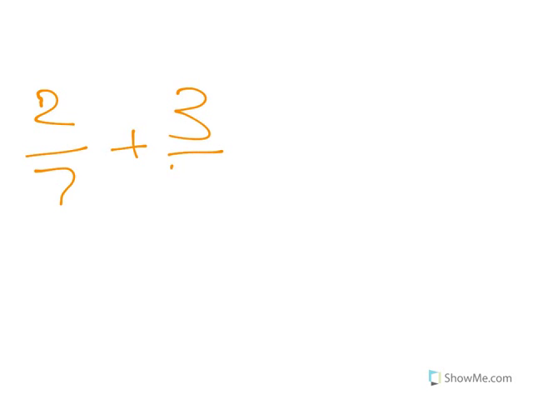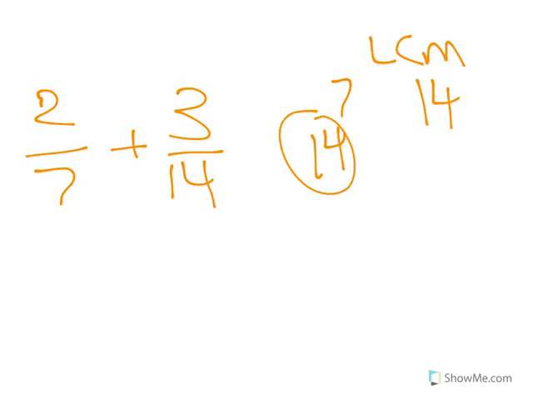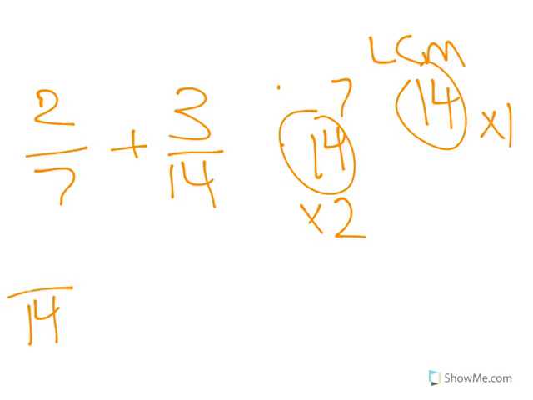So again, this whole idea is just to, once again, if you have 2 sevenths plus 3 14ths, to see what the LCM is going to be, least common multiple. And the least common multiple in this case is going to be 14. And this is going to be times 1. This is going to be times 2. So over here, when I change it to 14ths, I've got to multiply both of these by 2.